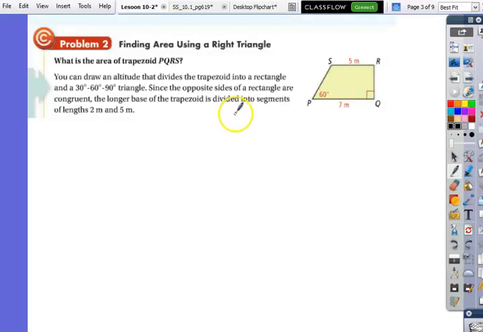All right. Now, we might have to use some information to find other values so that we can apply this formula. For example, the formula for the area of a trapezoid is 1/2 times B1 plus B2, which are the two parallel lines, times the height, which is the perpendicular distance.